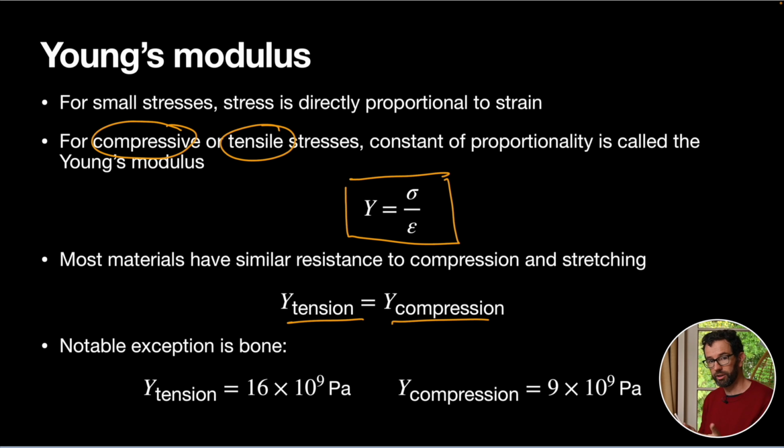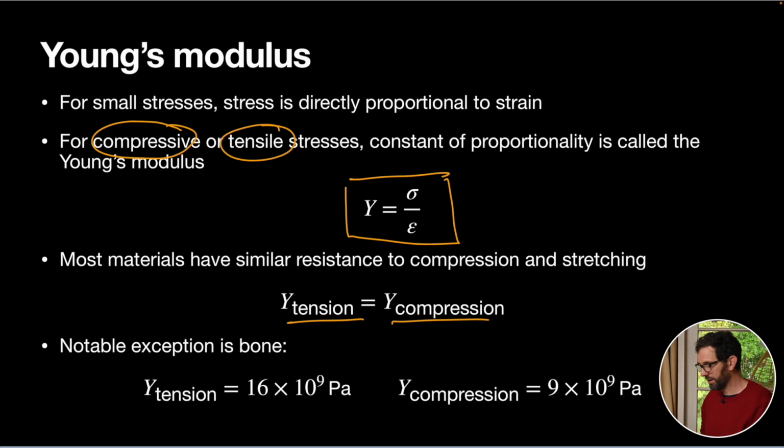But when it comes to biophysics, one notable exception is bone, which has a higher Young's modulus for tension or stretching than it does for compression. But these are properties that can apply to bone, and so we could, for example, use those to make some kind of calculation.